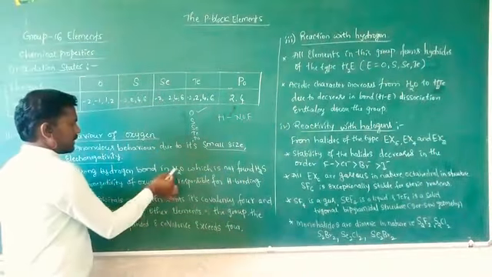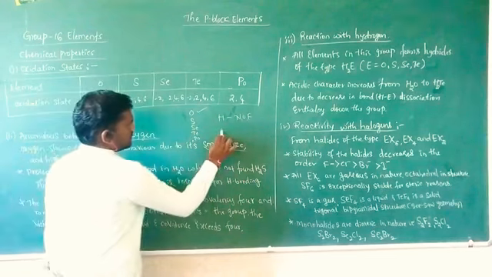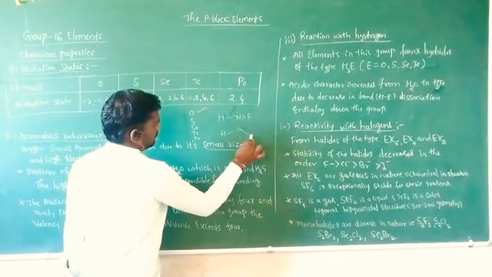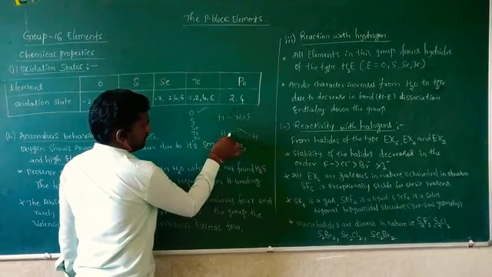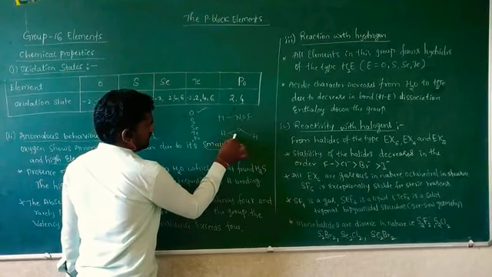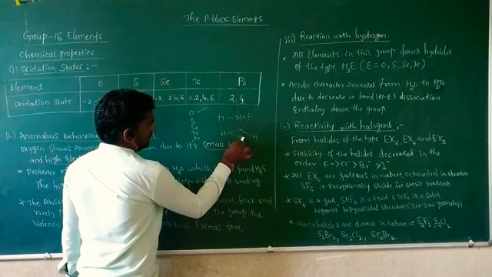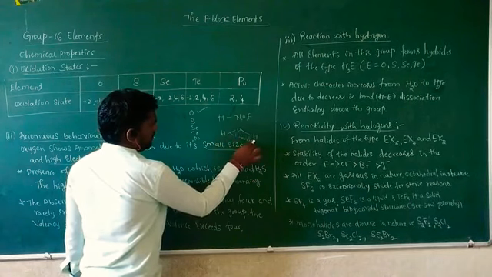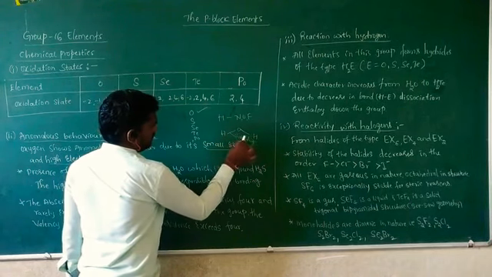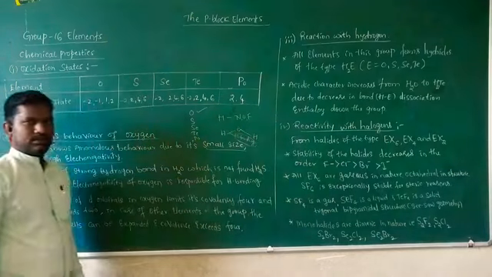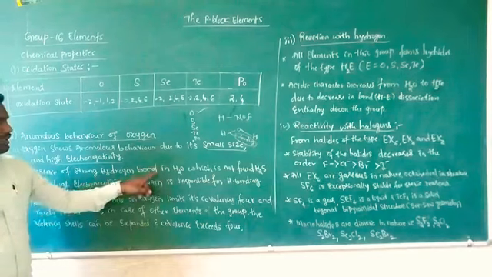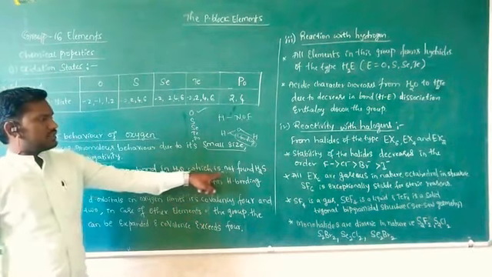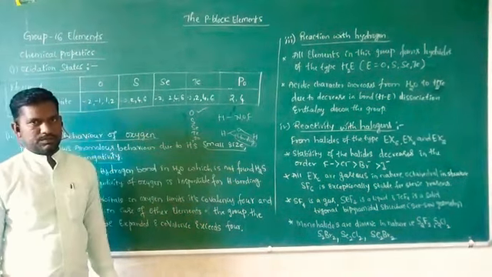In water, H2O, hydrogen bonds with oxygen, so it is a hydrogen bond. Intermolecular hydrogen bonding is present in water. This strong hydrogen bonding in water is not present in H2S.